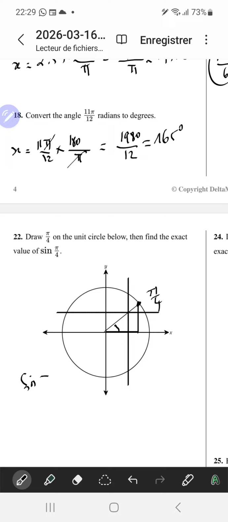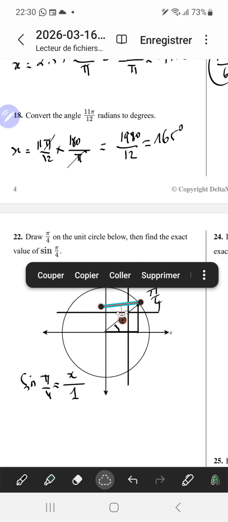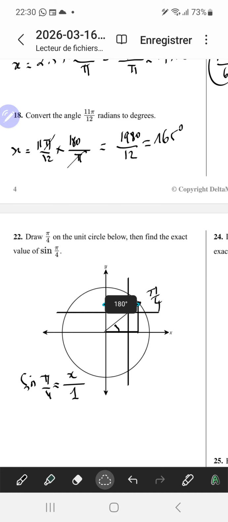Sinus of pi over 4 is this distance, x, over the radius, which is 1. So this is exactly, and we also know that cosinus is also equal to h.